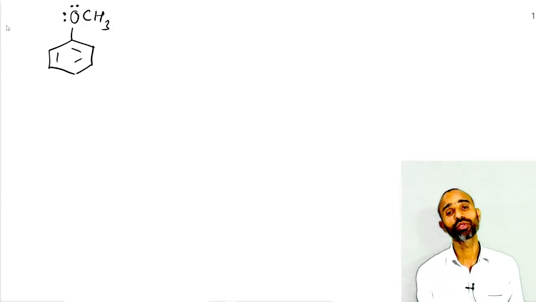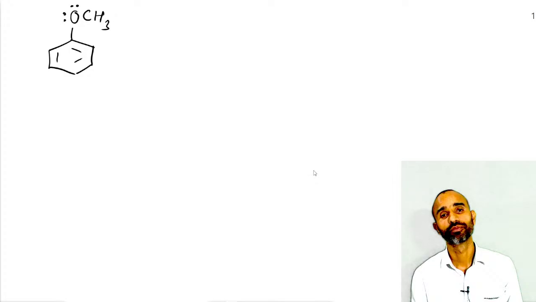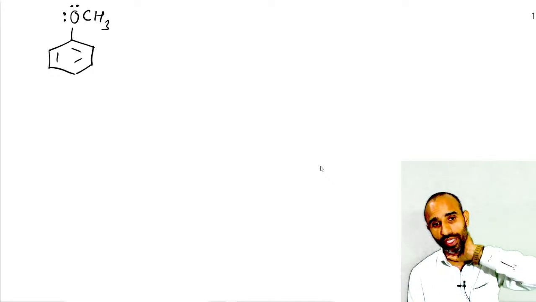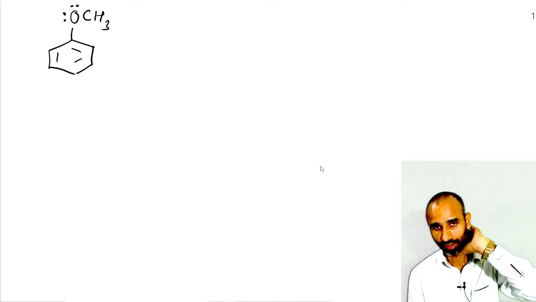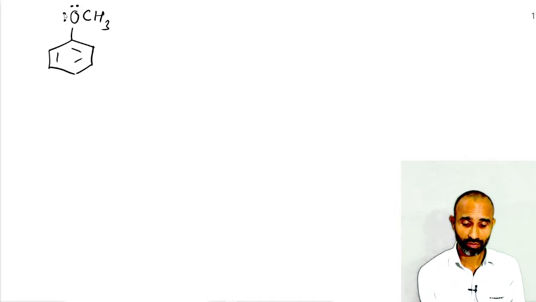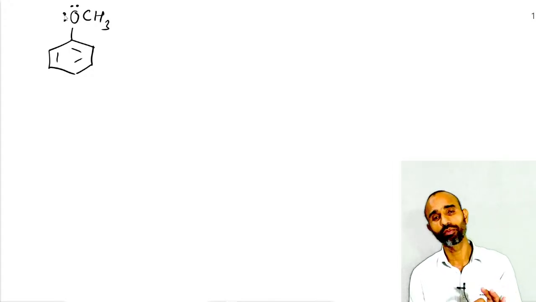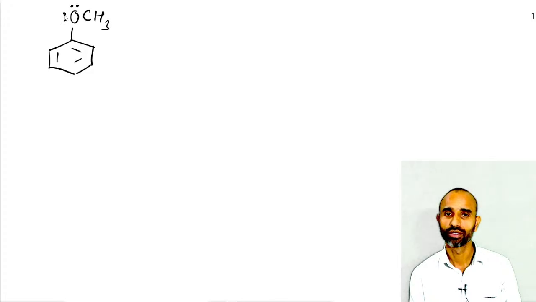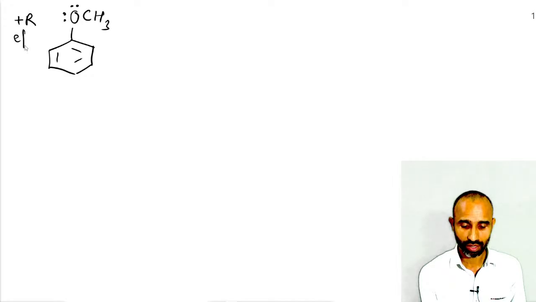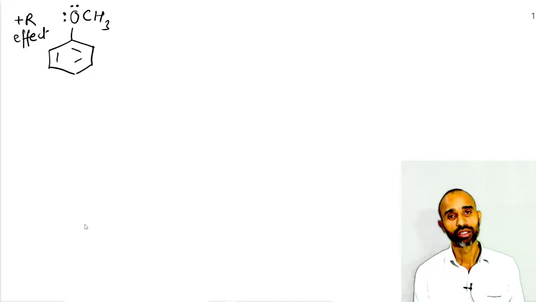What is the nature of this group? Does it have plus R or minus R effect? Plus R. Just see the lone pair on the atom directly attached to the ring. That is the funda behind it. So it has plus R effect, so it is ortho-para directing.